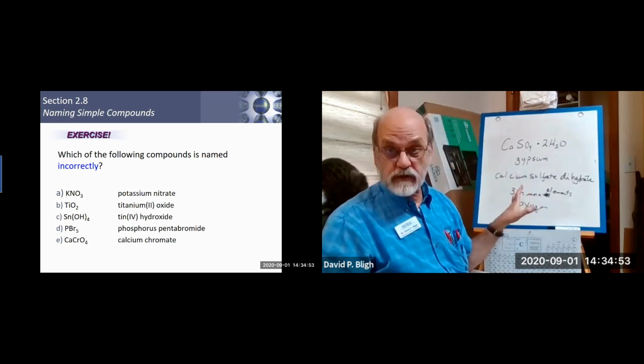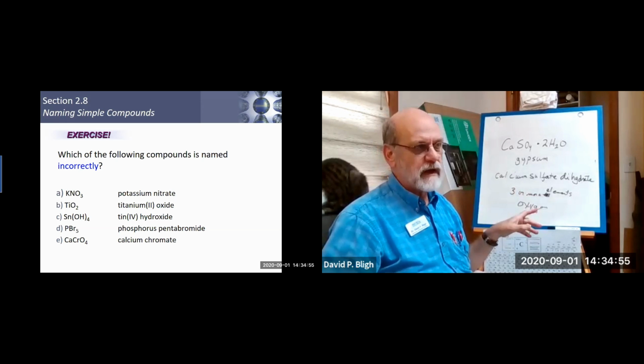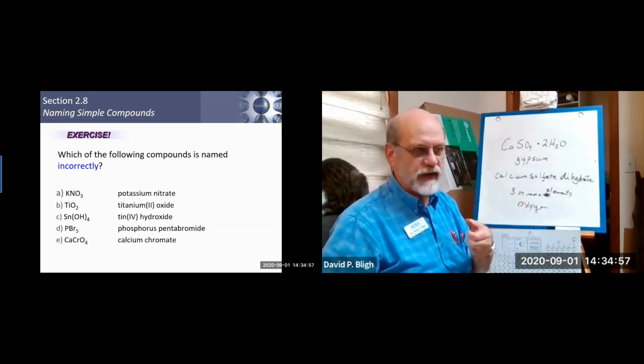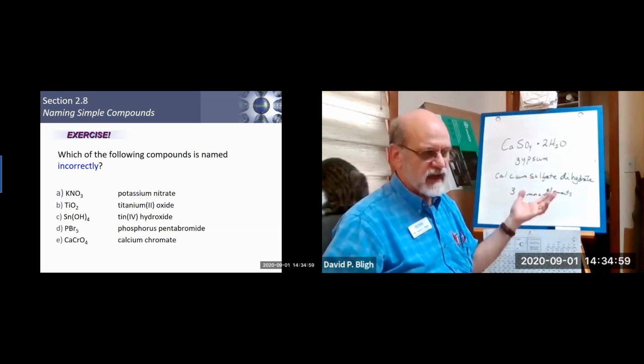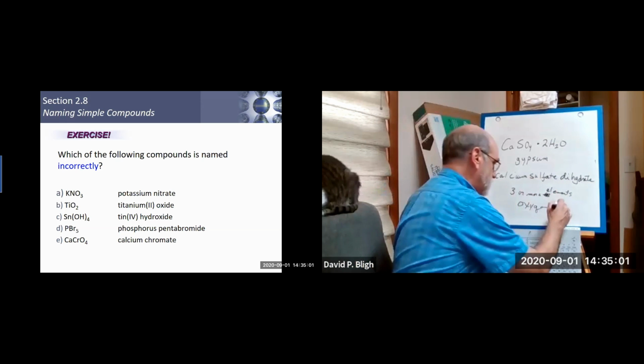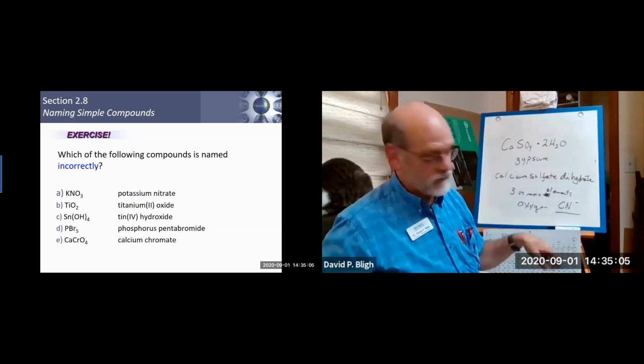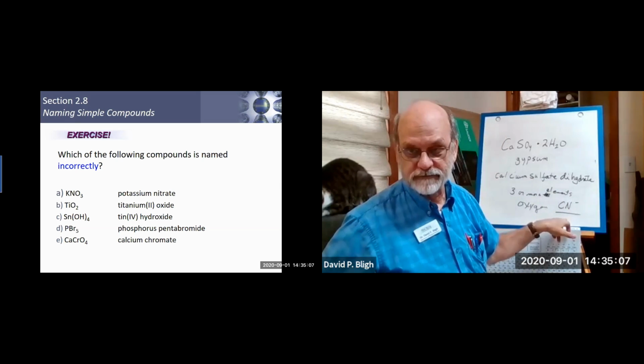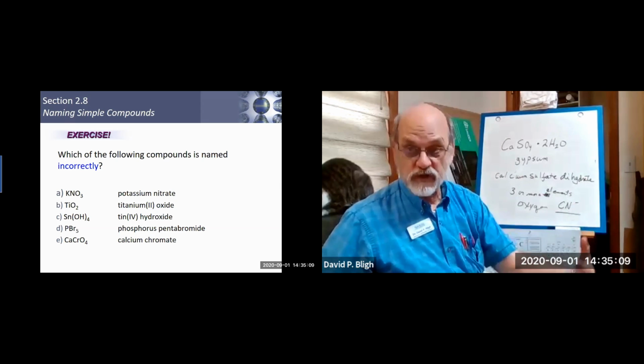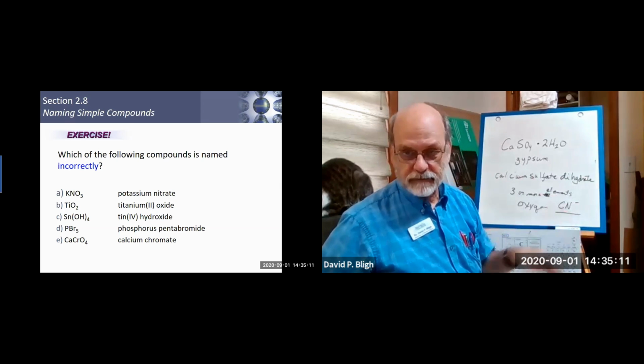There are a few exceptions, right? Hydroxyl, yeah, it has oxygen. Sulfate's got oxygen. Phosphate's got oxygen. That one doesn't have. So you might just have to memorize that one, or just recognize it when you see it. That's a polyatomic.